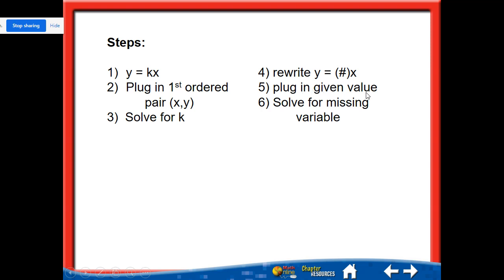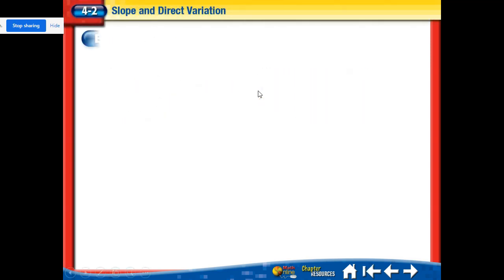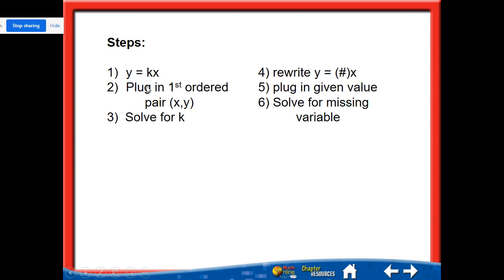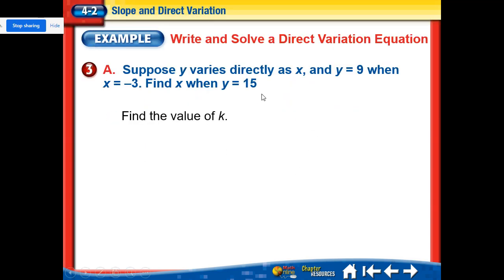That's when we're going to plug in the given value. So there's 2 different areas. We're going to do this left side of our steps first, get k. We're going to get an answer, but we're going to put that answer back in to get the final answer. So the first ordered pair is going to give us that k.